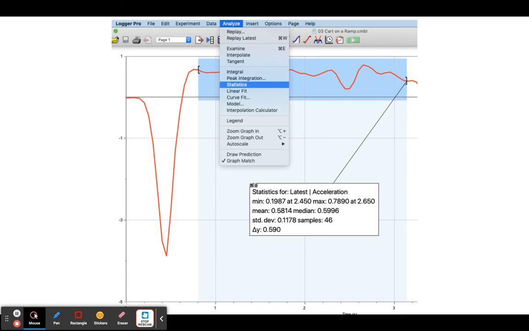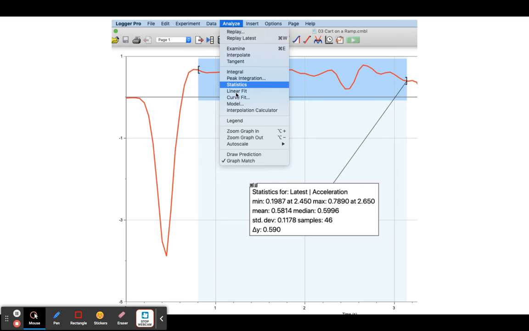So you'll need the person with the graphs to apply a statistical analysis to your physical graph. So hopefully your acceleration graph looks a little bit better than mine and is a linear line. But you can do this one of two ways. So you'll go to Analyze, Statistics. It's going to give you the average value, the mean value from that linear trend line.